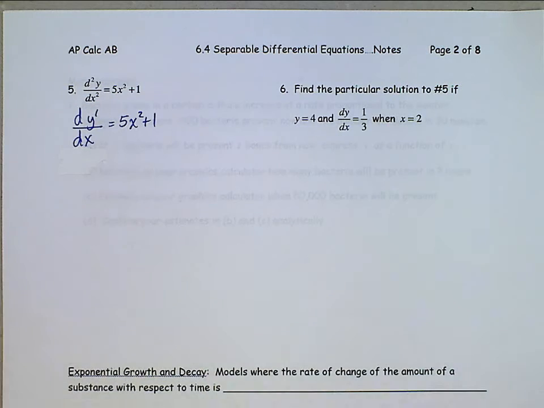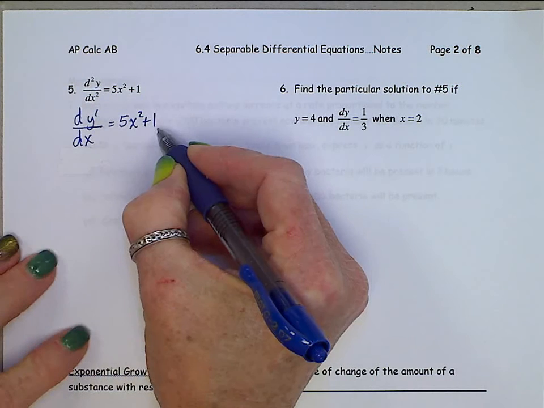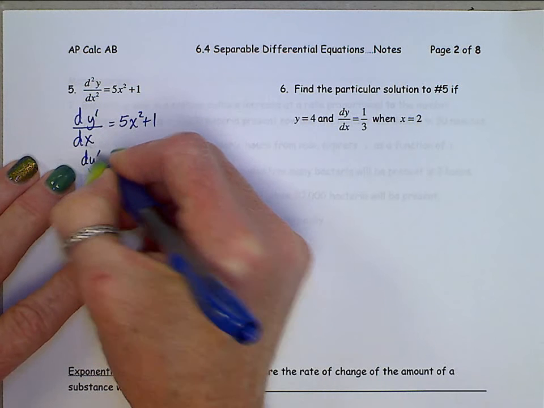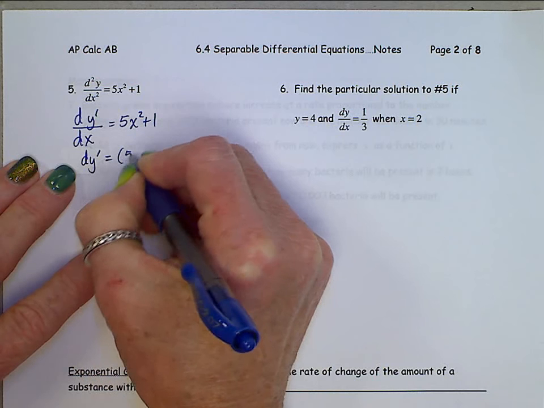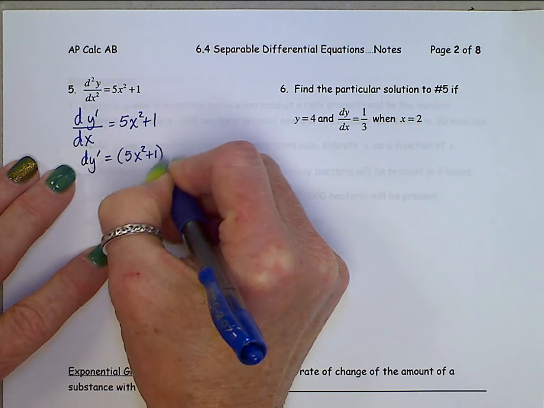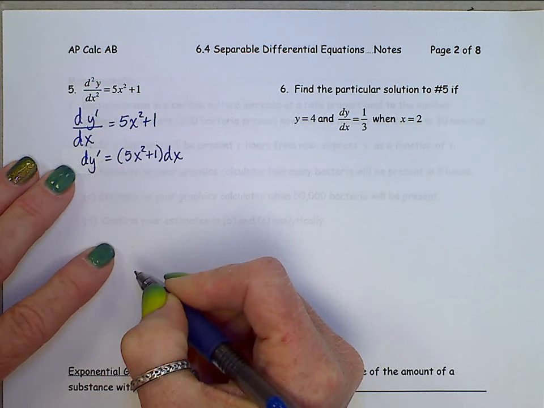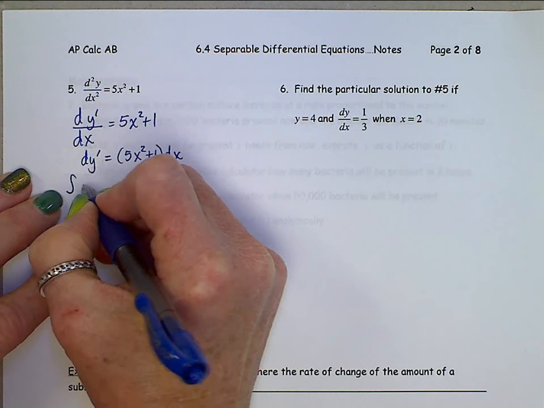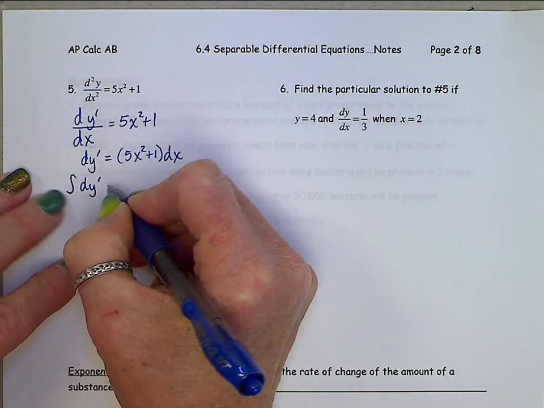And then let's go ahead, like we did on page 1, and separate out the variables. So we have dy prime is 5x squared plus 1 dx. Then we'll anti-differentiate both sides by doing an integral.